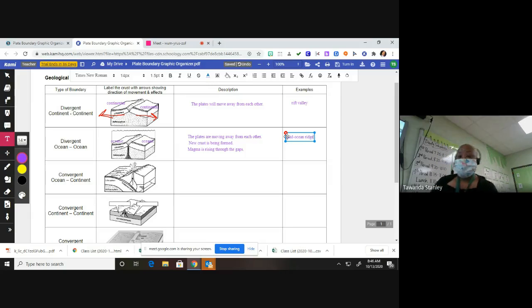That is going to be an example. Seafloor spreading, we can put that as an example because seafloor spreading does definitely occur during divergent boundaries.